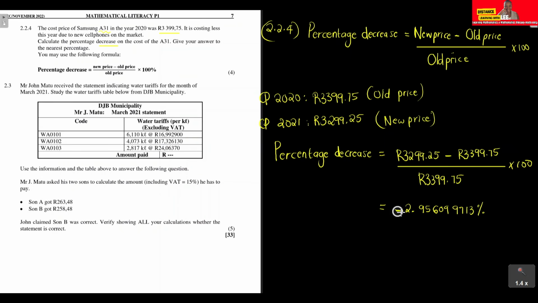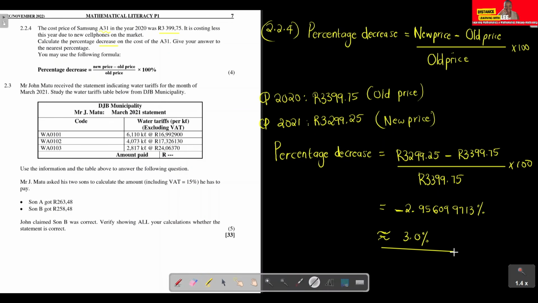This negative just tells us that it is a percentage decrease, because we subtracted a bigger amount from a smaller amount, so the negative represents that it has decreased. If you round this off, the percentage decrease is approximately 3%.